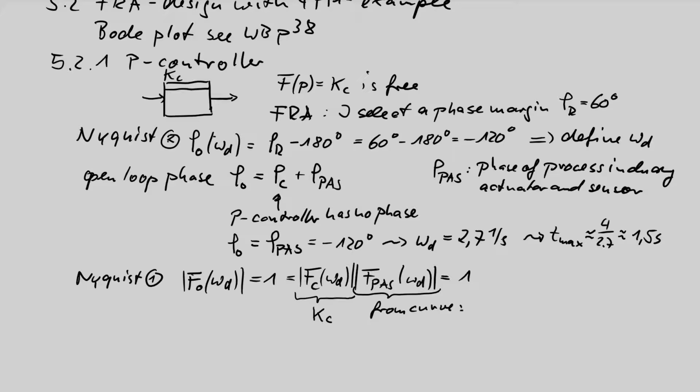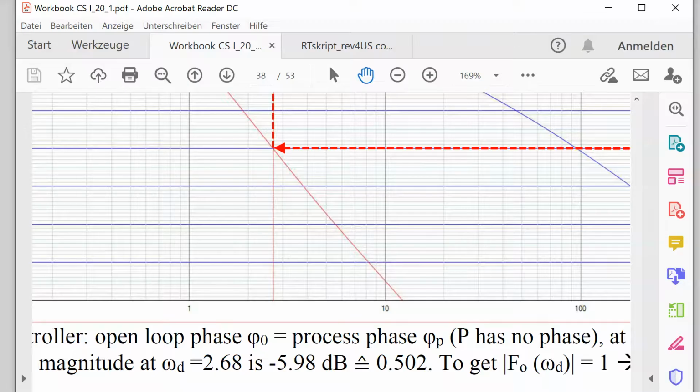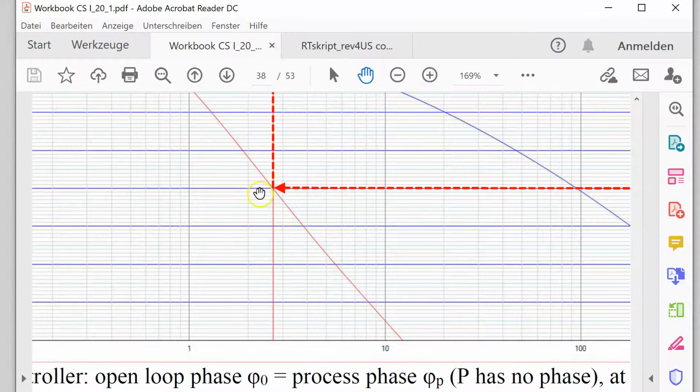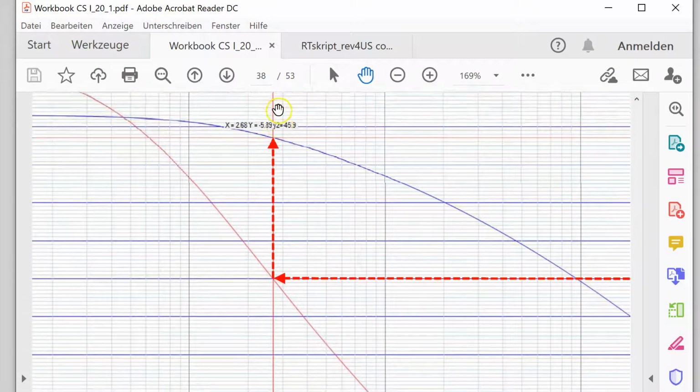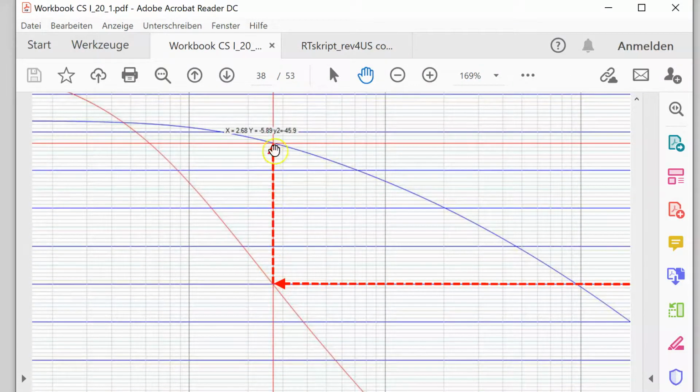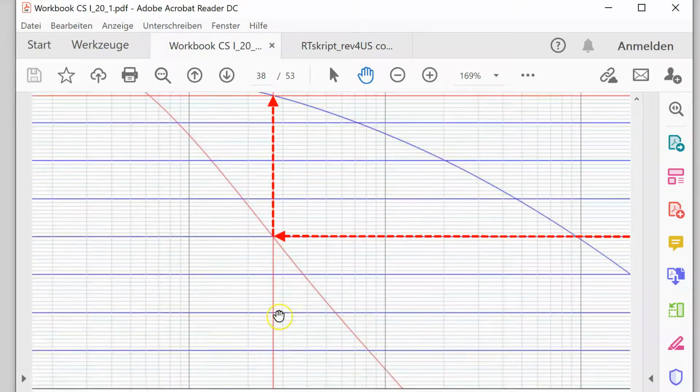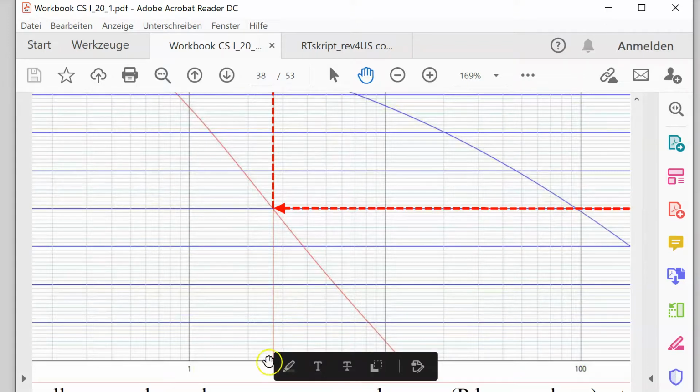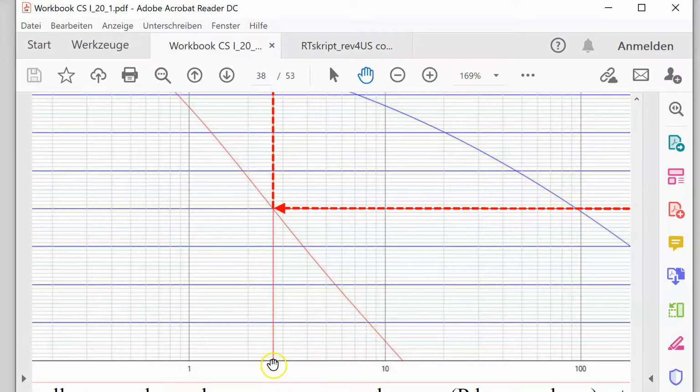From curve, so go back into the curve, and what I now see is, now I have to go to the blue magnitude curve, to this point. This is the gain of the process, actuator, sensor, at my desired crossover frequency 2.7.